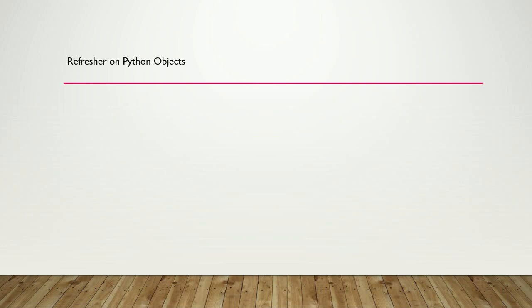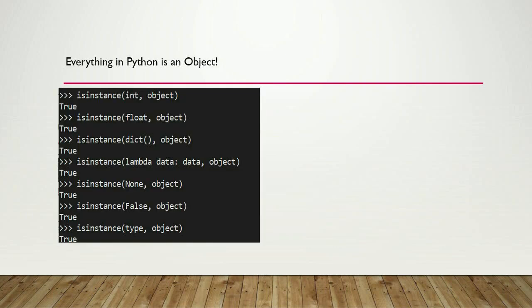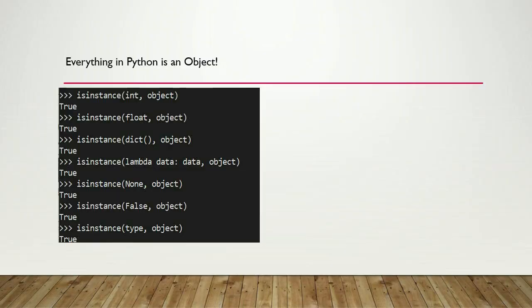Okay, so a refresher on Python objects. As we know, everything in Python is an object. What does that mean? I will explain what that means.